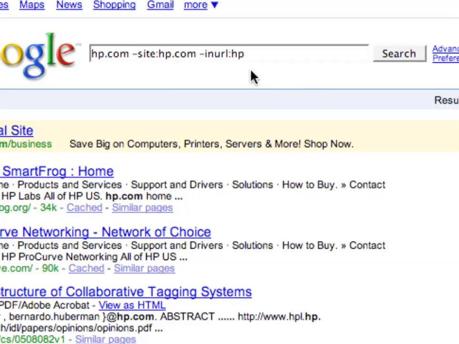So in my opinion, using only this technique, you could automatically know that Dell.com is a little bit more popular online than HP.com.